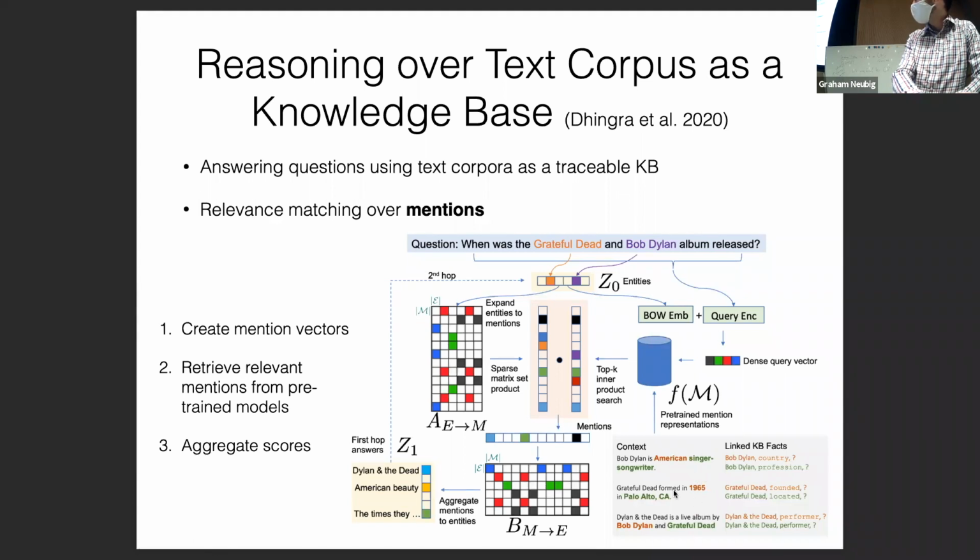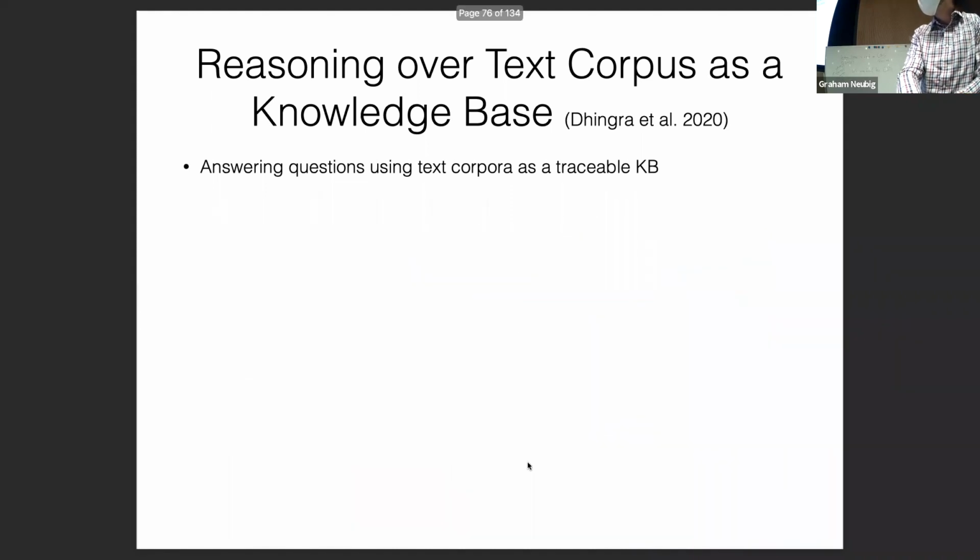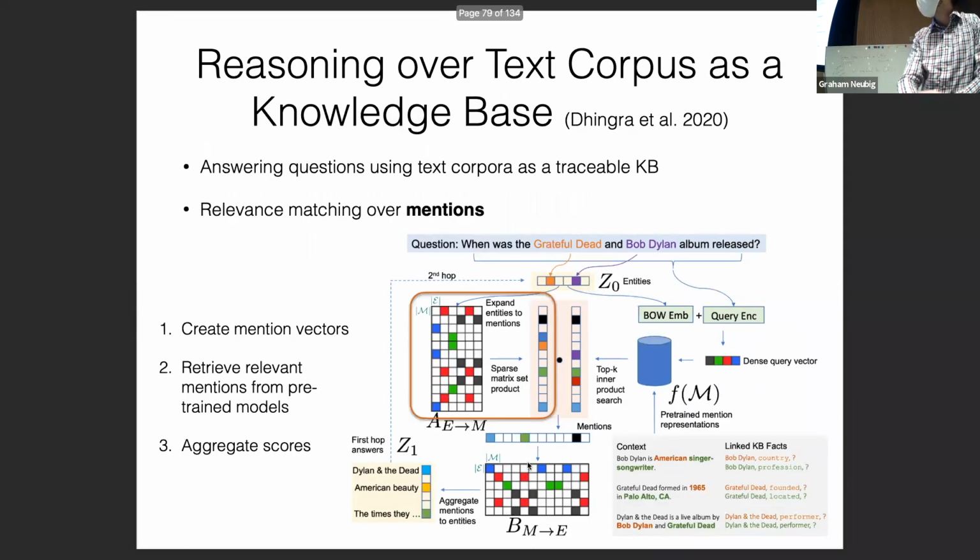In this particular example, we don't have the answer to the question here, but basically it's a way to do multi-hop reasoning over textual mentions.